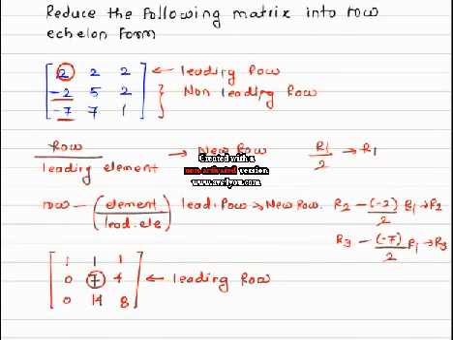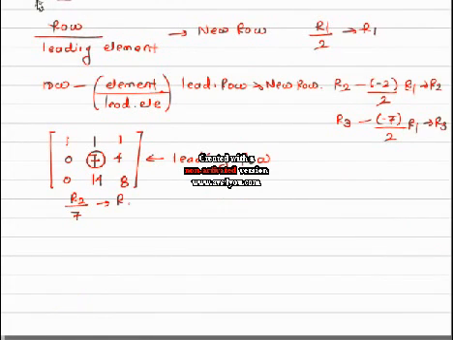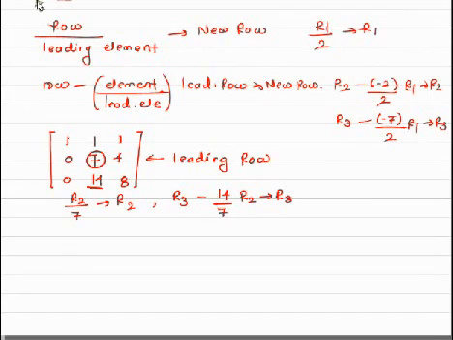Because we want to make this number as 1. So the leading row operation is R2 divided by 7 gives the new R2, and for the non-leading row below R2, that is R3, it is R3 minus 14, the element itself, divided by the leading element into that row R2, gives the new R3.